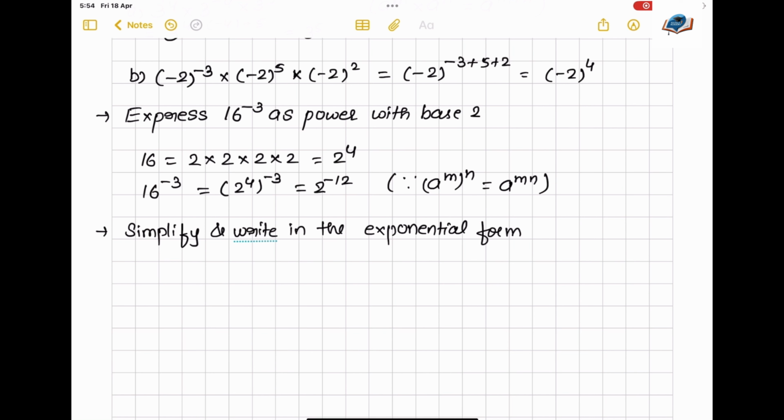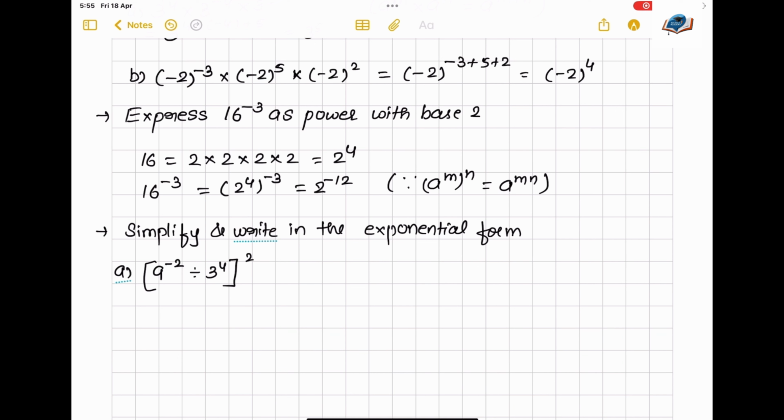The first one is 9 raised to minus 2 divided by 3 raised to 4 whole raised to 2.